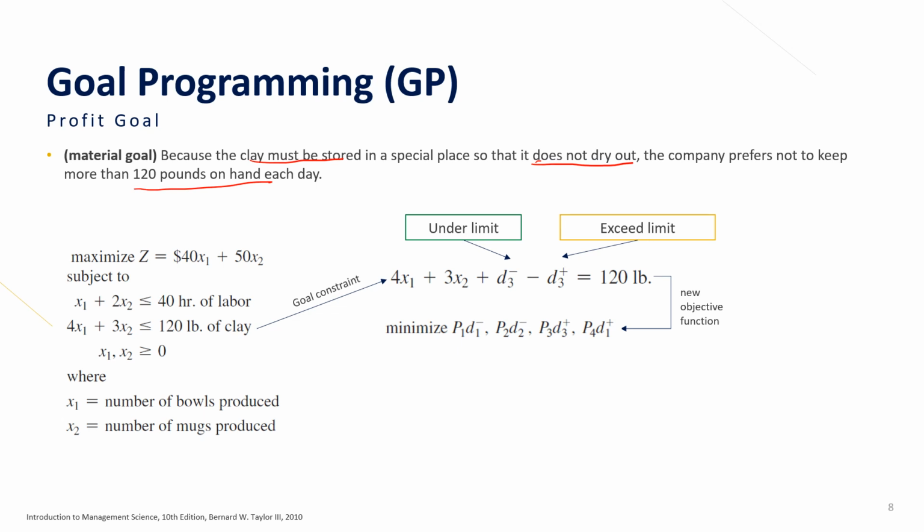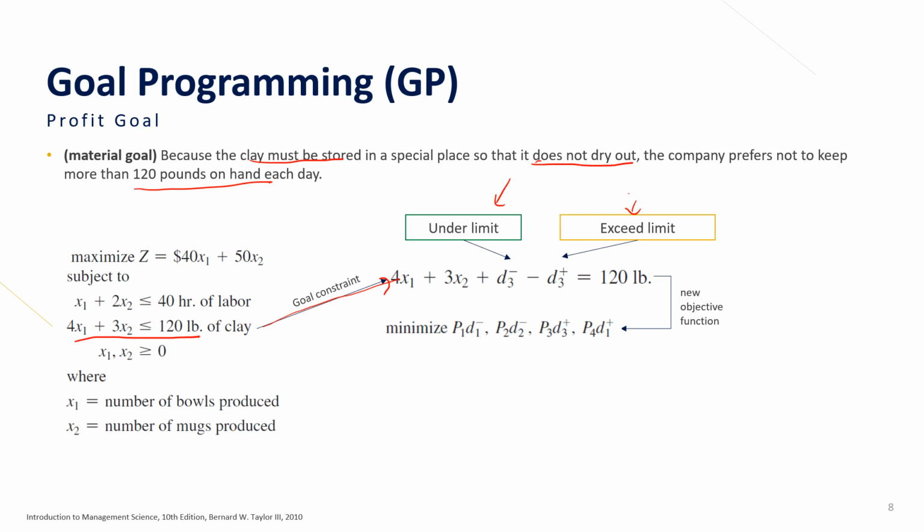So again, the constraint that relates to this goal is this one, and we will modify it into a goal constraint. It becomes x1 plus 3x2 plus d3 minus. This is under the limit of 120, and then d3 plus is exceeding the limit of 120.